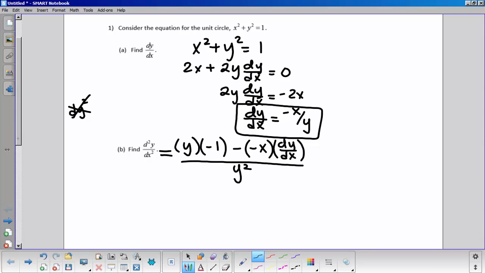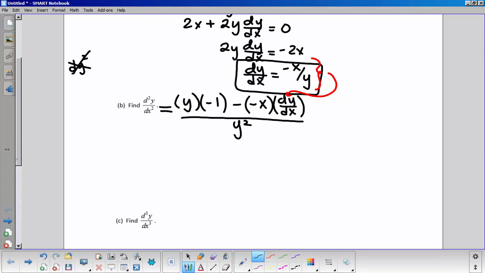Now, before you freak out, you're going to say, Mrs. Muller, I have a dy dx now on the right. Does that bother you? Yes, it bothers a lot of people. But, alas, do we know what dy dx equals? So what can we do? We can stick it right in there, can't we? Now, before you do that, I want you to do this algebra.